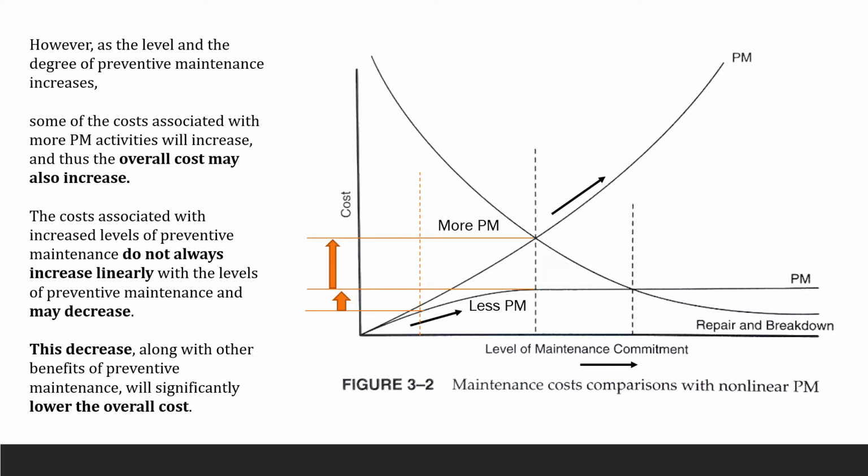You can see in this maintenance cost comparison with non-linear preventive maintenance, your PM, the level of maintenance commitment is going to go up. And we're looking at two different curves for PM. One of them is going up almost like an exponent, meaning the cost is going up as you put more into the PM program.